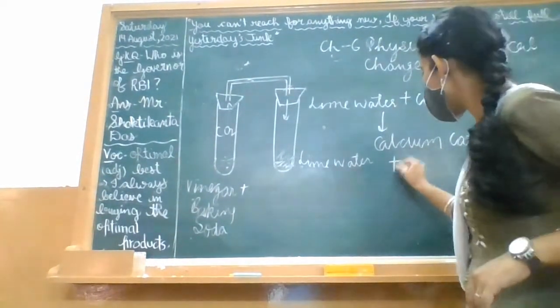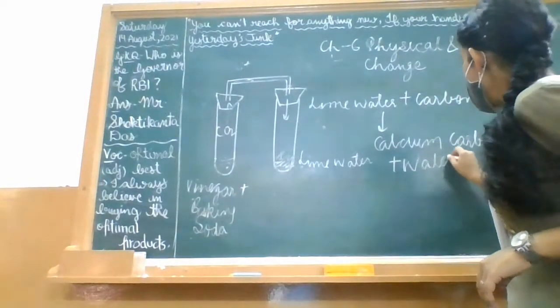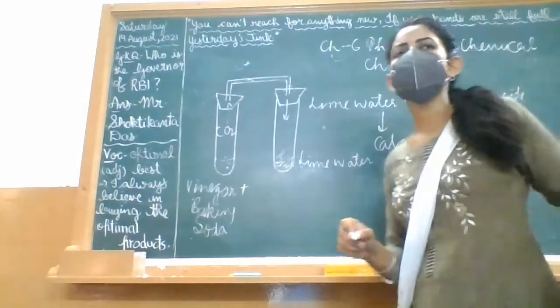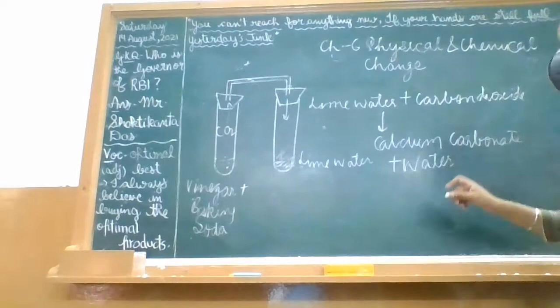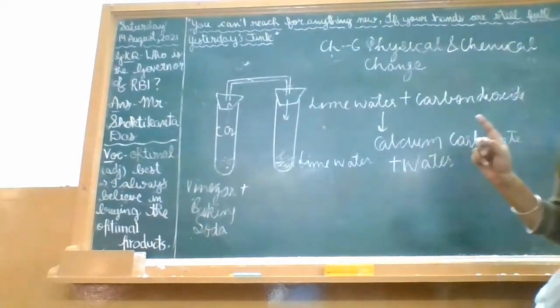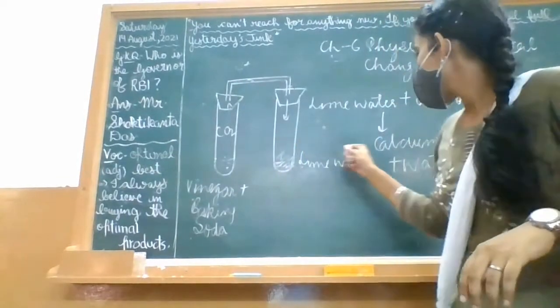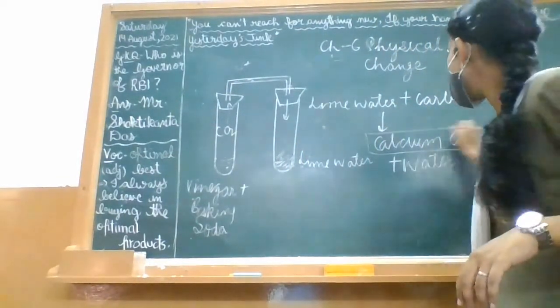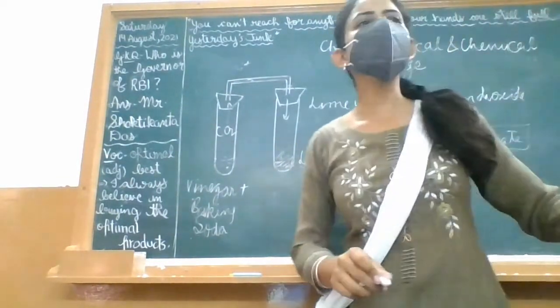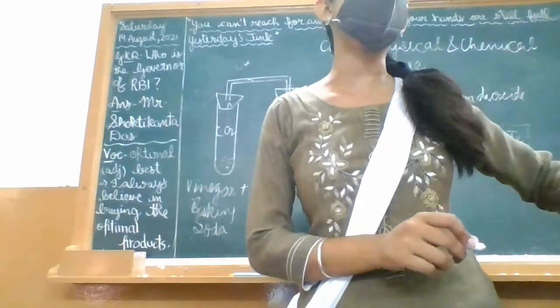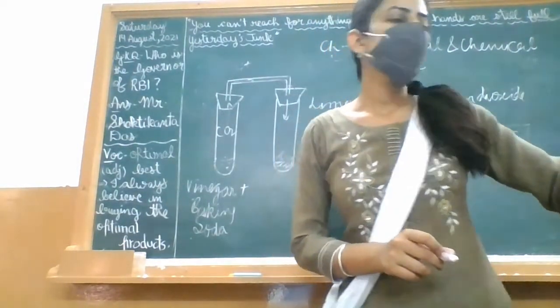So in this also milkiness is produced, which means it will turn into white curd. Okay, so it will produce milkiness. So it is the standard test for carbon dioxide. Clear?